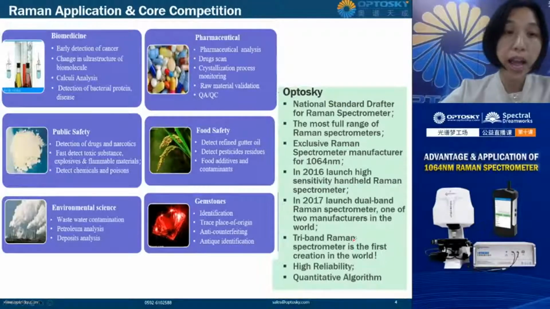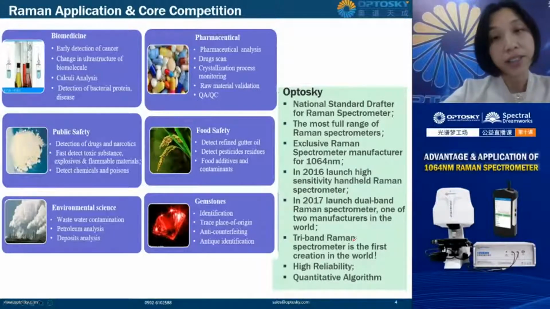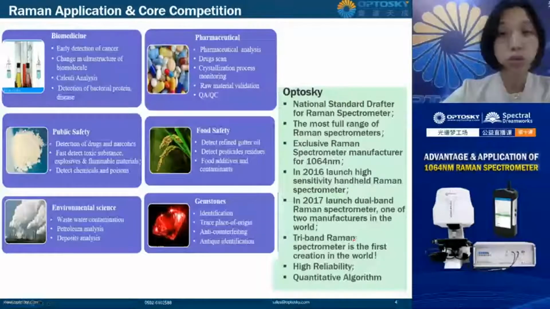And also we need to mention public safety. Public safety is used to identify narcotics, drugs, and also fast detect explosives, flammable materials, toxic hazardous materials, and also poisons. And for food safety, they are widely used to detect pesticide residues, some food additives, and contaminants.